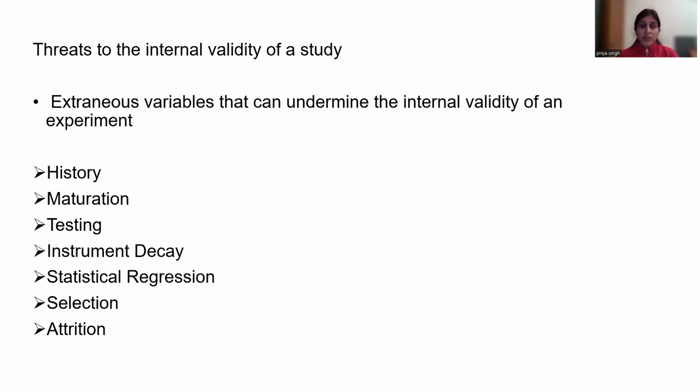There are extraneous variables that can undermine the internal validity of an experiment, and some of these threats to the internal validity of a study are history, maturation, testing, instrument decay, statistical regression, selection, and attrition.